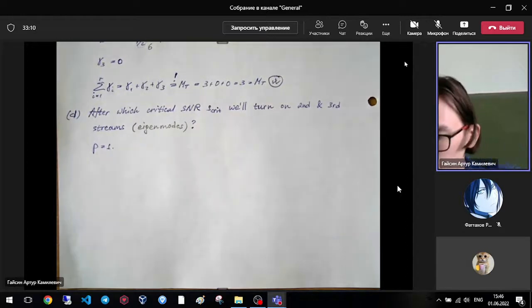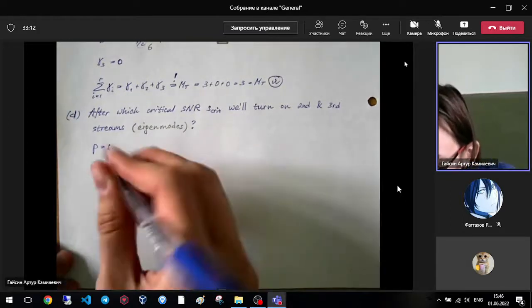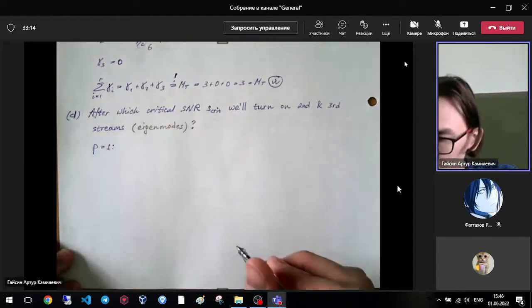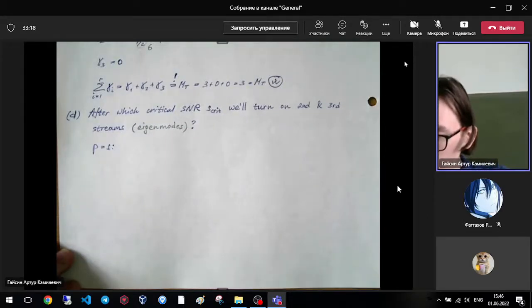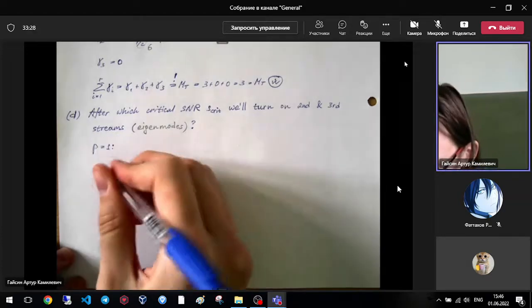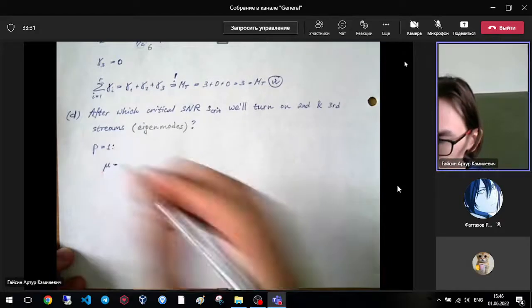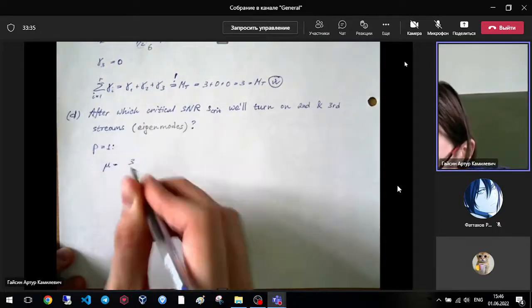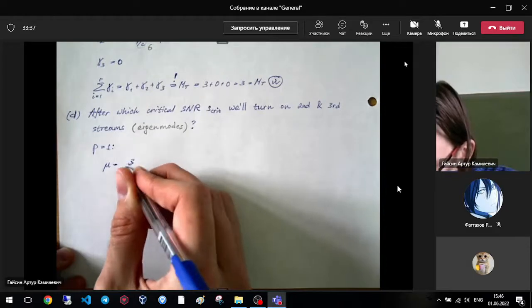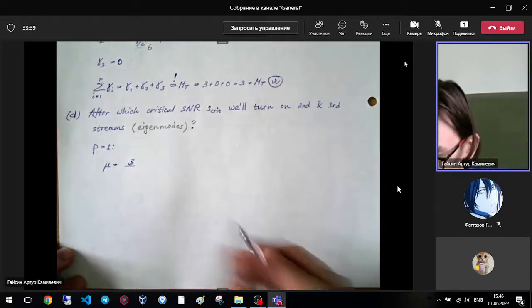Then let's write this water level equation using this P equal to 1, and let's change our rho with rho crit, as rho critical. So mu in this case is equal to number of antennas divided by the rank.